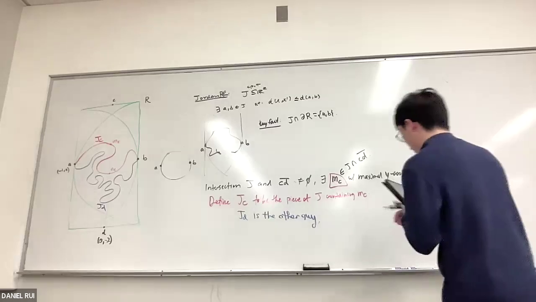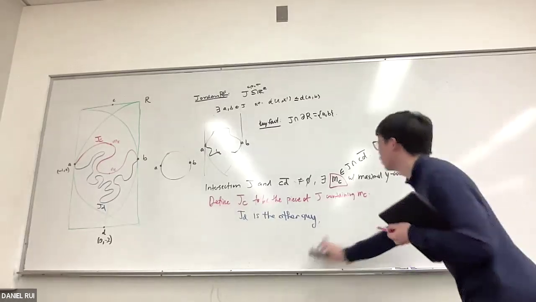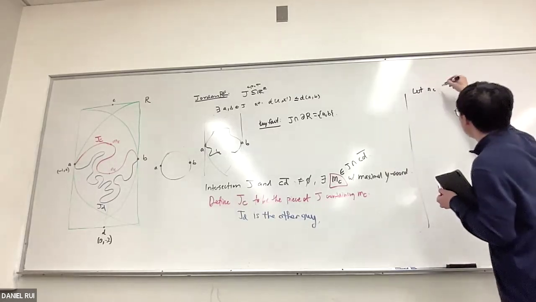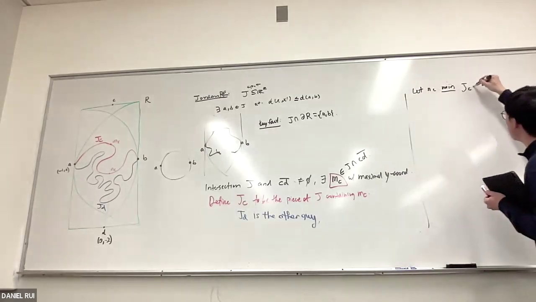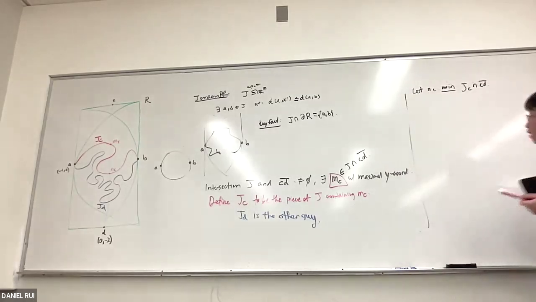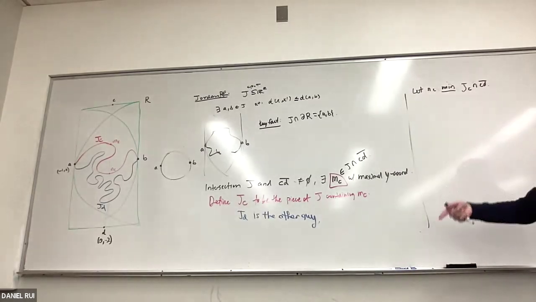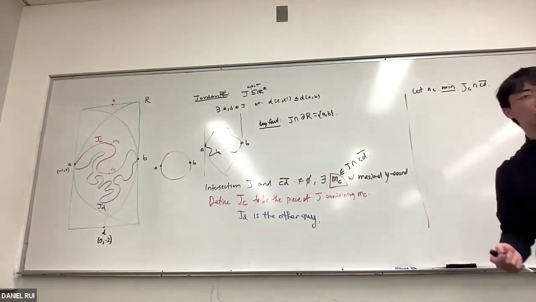And now let N_C, maybe I'll say it up here, let N_C be the minimum in terms of the y coordinate of J_C intersect CD. So I told you M_C was the maximum. There will be another thing, the minimum. It is possible that they're the same.